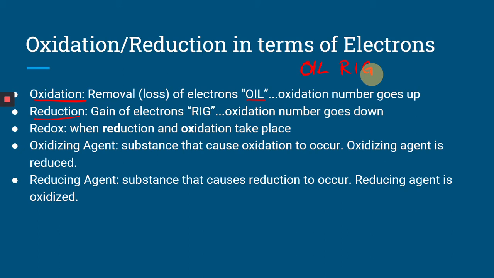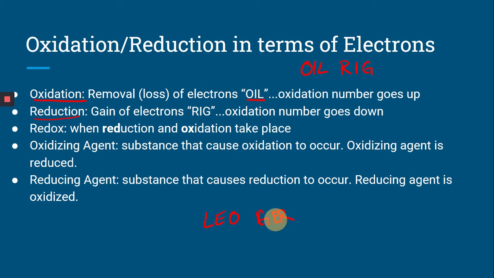Another way to remember it is LEO the lion goes GER. So you have lose electrons oxidation, gain electrons reduction. So there's two ways for you to remember the definition of oxidation reduction in terms of electrons. I personally prefer OIL RIG.